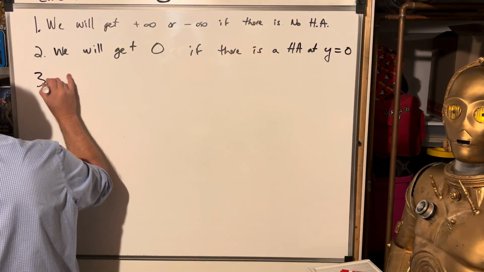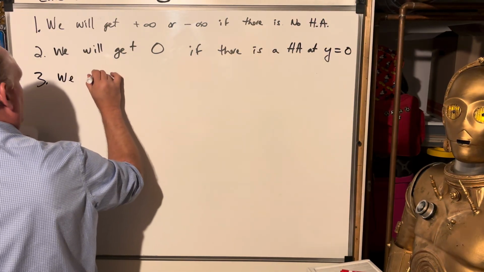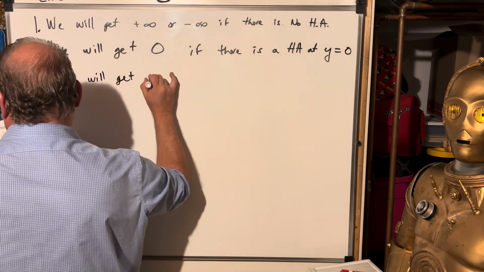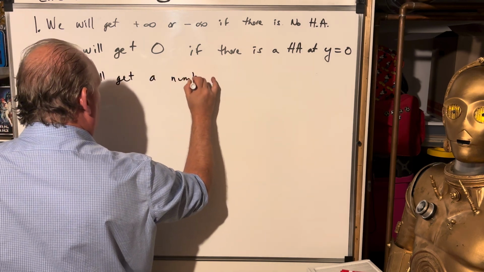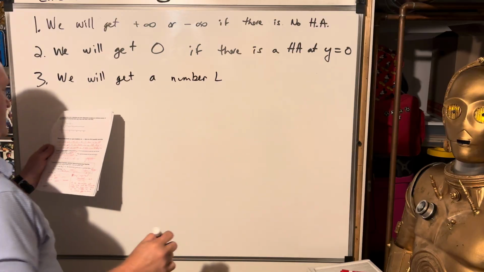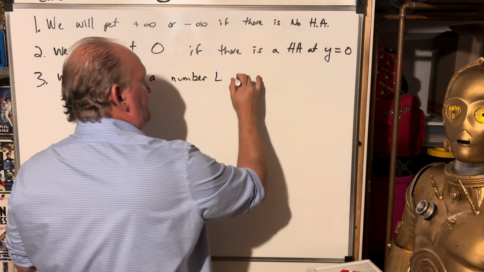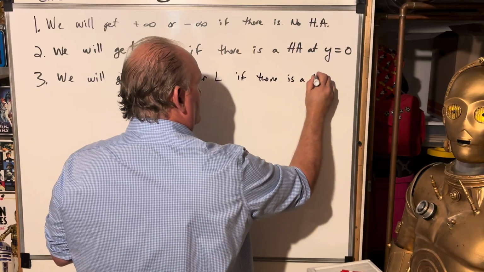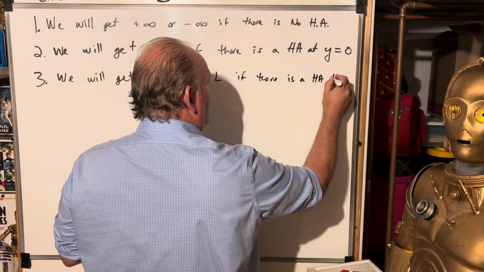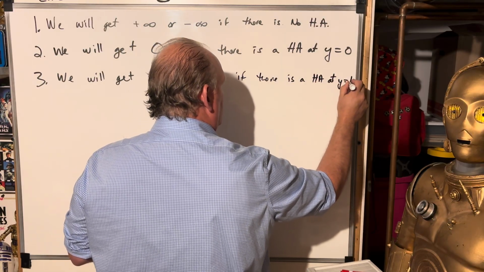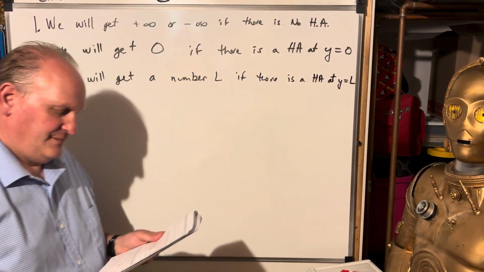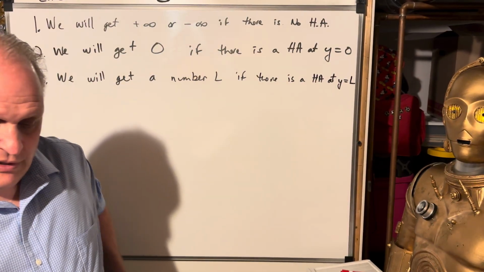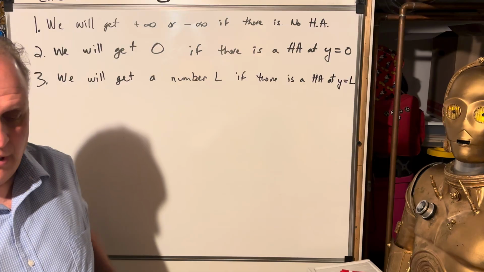Or three, we will get a number L if there is a horizontal asymptote at y equals L. So those are the three scenarios.